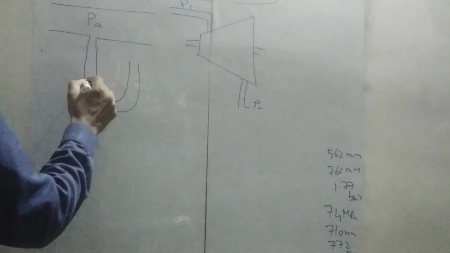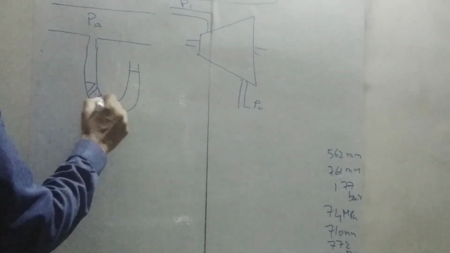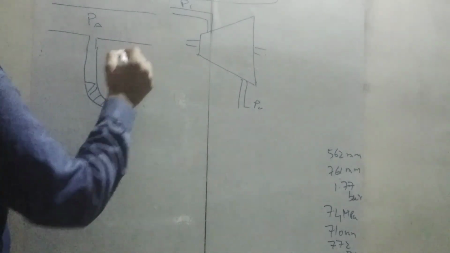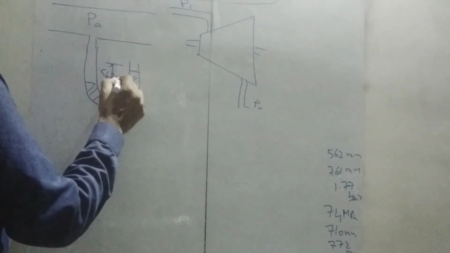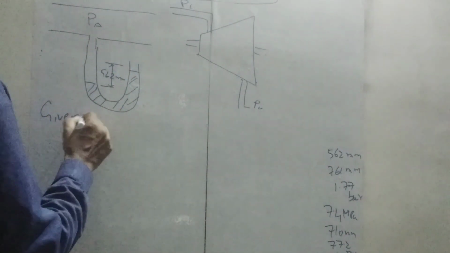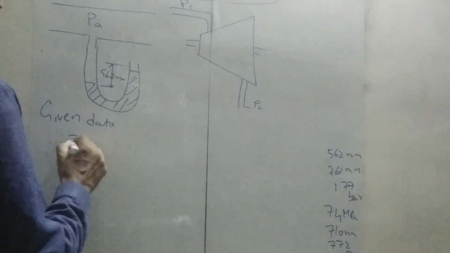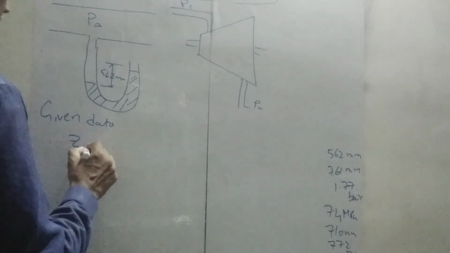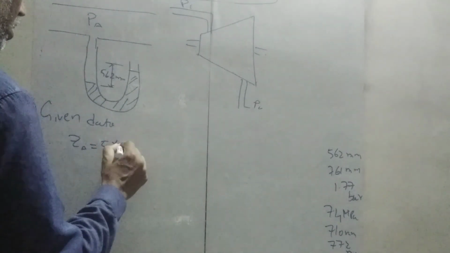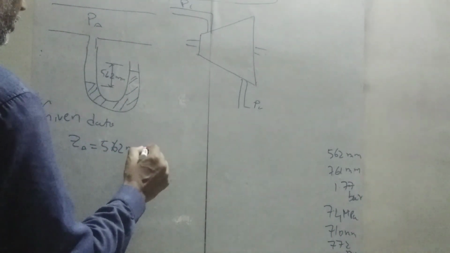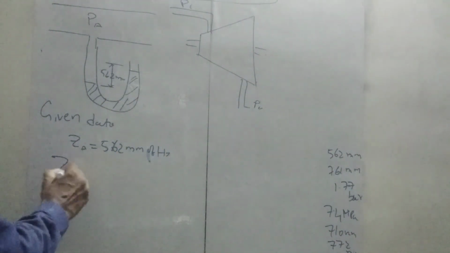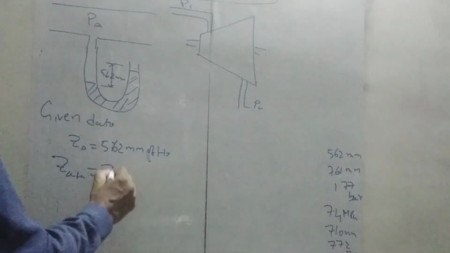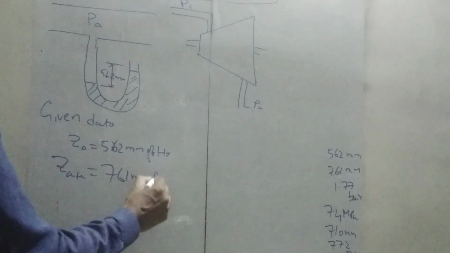Now a manometer is connected to this first problem, and this manometer is using mercury as a medium, and the height of this manometer is given as 562 mm. So given data is ZA is equal to 562 mm of Hg, and the atmospheric PATM, the atmospheric column is 761 mm of Hg.